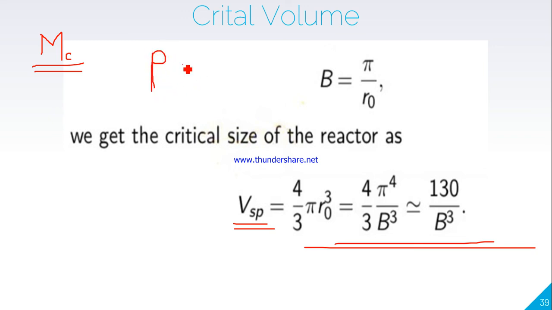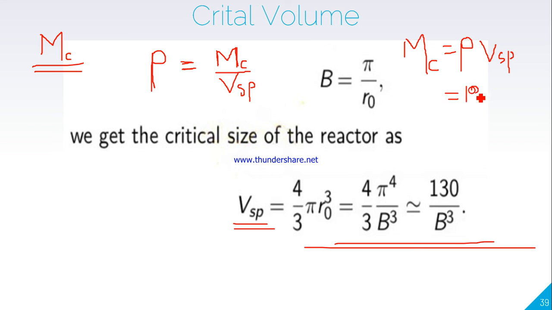Density is equal to mass by volume. So my critical mass will be basically rho times my critical volume, which for a spherical reactor is 130 rho divided by B cube.